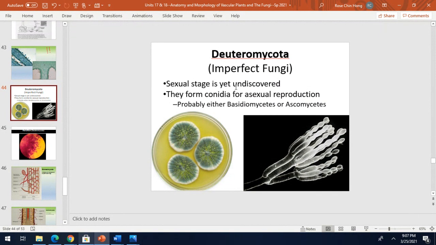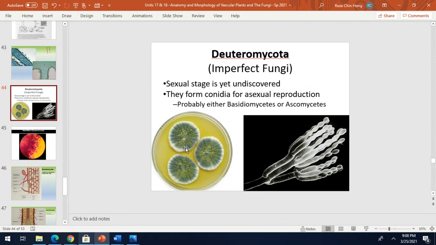However, what they have seen so far is the asexual reproduction by way of conidia. And this is what conidia look like also with a very good microscope, so this may be an SEM or higher magnification. And here they said, since they don't know what kind of sexual reproduction yet, it would probably be later classified as a Basidiomycota or an Ascomycota.